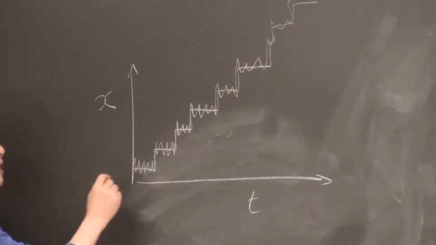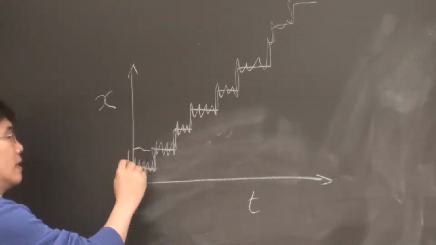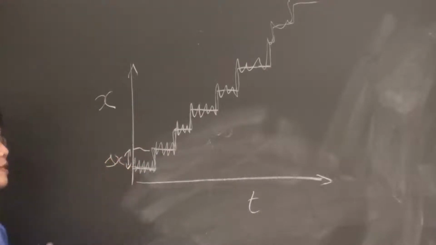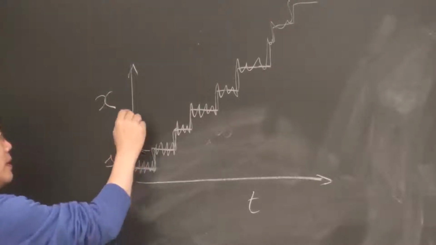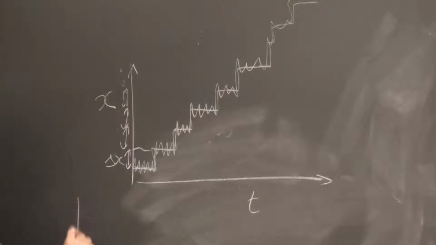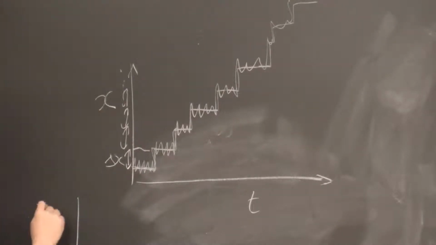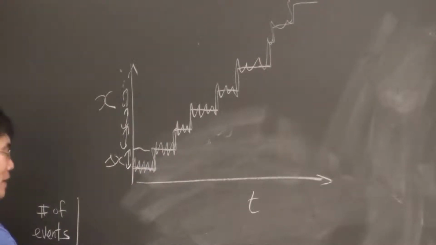But anyway, if you assume that you can determine each step based on the data, then you can measure each step, delta x, and you can measure it for all of them. And then plot a histogram. So this is the delta x value, and then the number of events. If you're lucky, you'll get a delta function, but usually that's not the case.